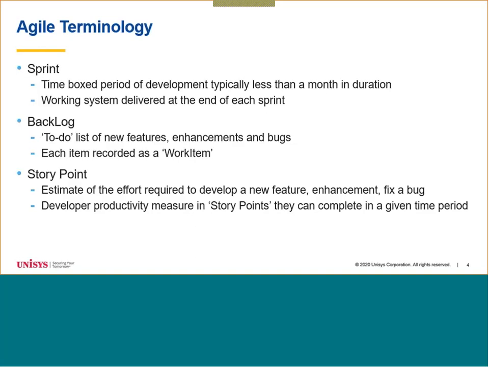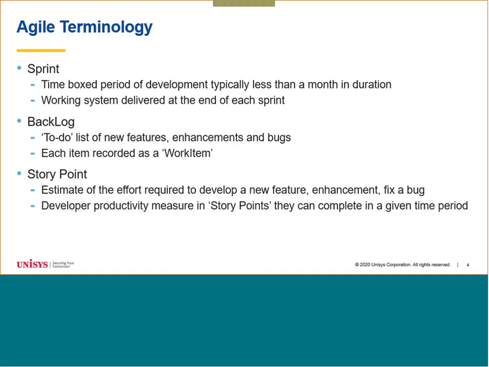The idea is that at the end of each sprint, you have something which is working, and you could send it to your test teams as a working system. If something takes more than your sprint period to develop, it still has to be in a state where you can release it, so that it compiles and releases. You may have to turn it off so your developers or your end users can't see it, but every time you reach the end of a sprint, you should have something that you can release to people to start testing.